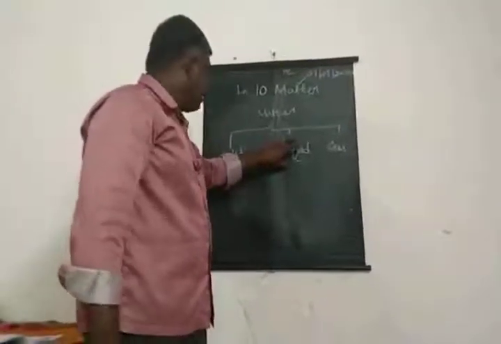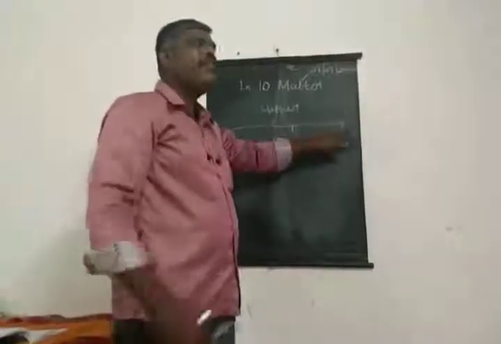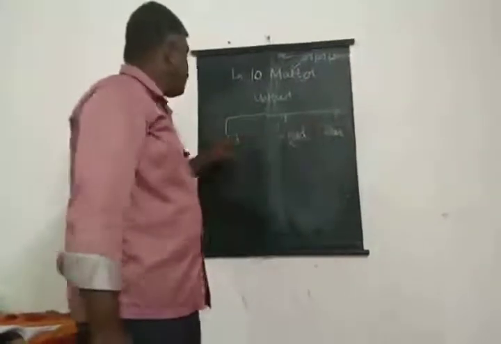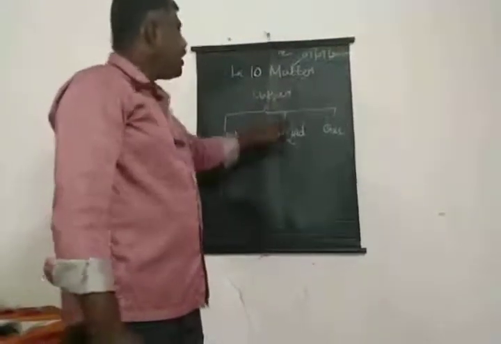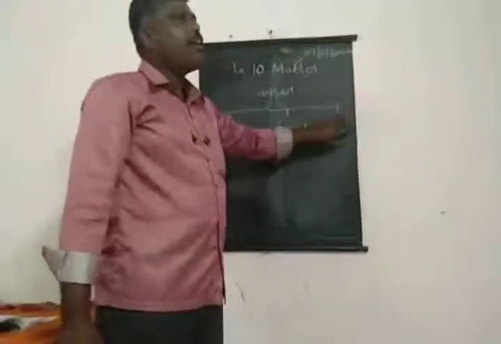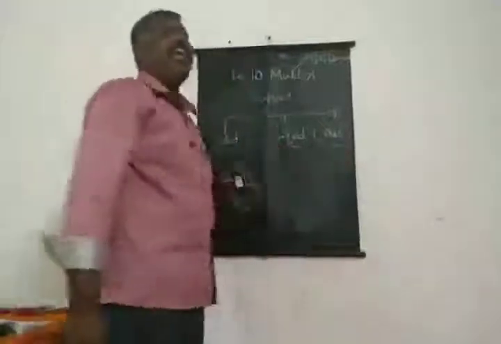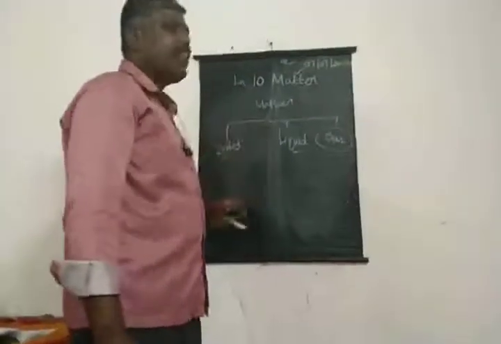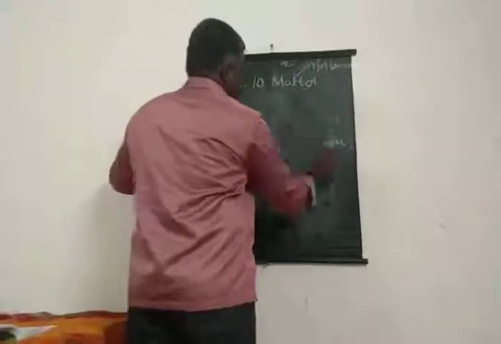In liquids the intermolecular spaces are somewhat higher when compared to solids. In gases the intermolecular spaces are more. In the same way, in solids the intermolecular forces are high. In liquids the intermolecular forces are less when compared to solids. In gases the intermolecular forces are negligible. So that is how it explains it very easily. These are the things we discussed in the previous standard.